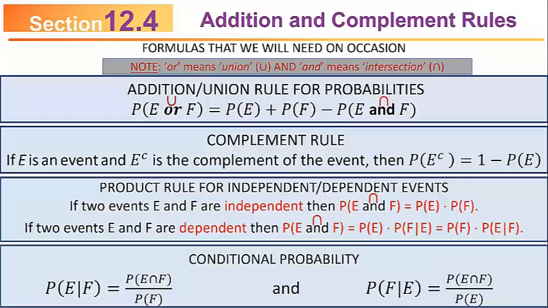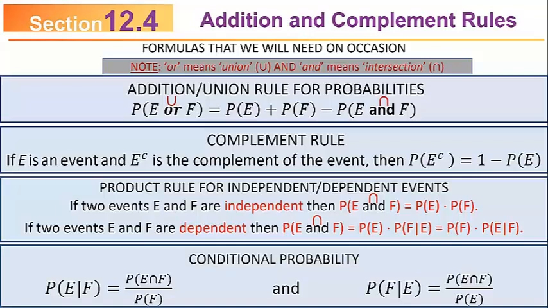That leads to something called conditional probability, and I've got two formulas related to that. One says the probability of E given F is equal to the probability of E and F divided by the probability of F. Remember, when I say E and F, and means intersection. Also, the probability of F given E is the probability of E and F divided by the probability of E.